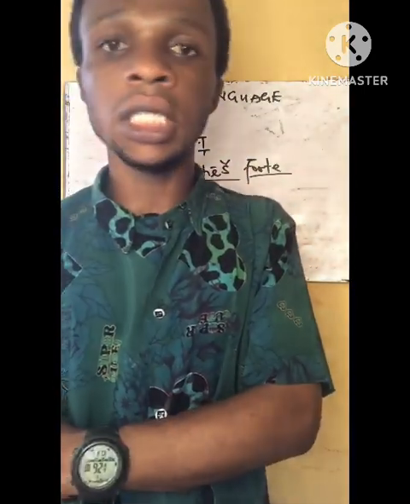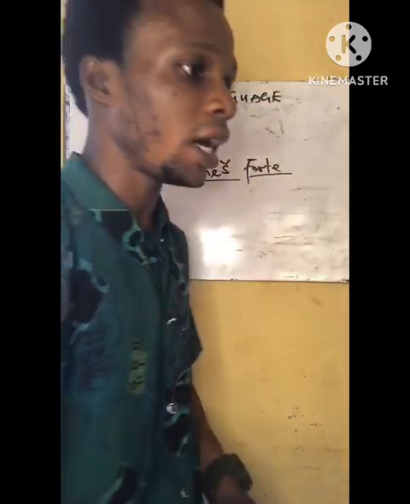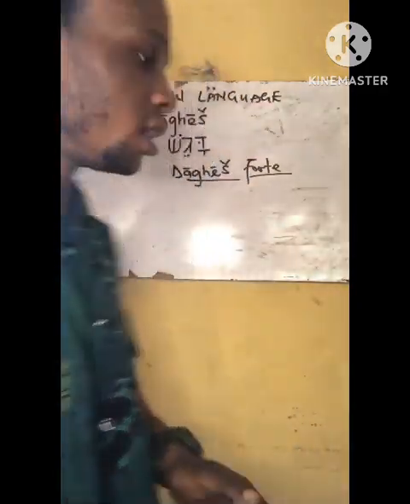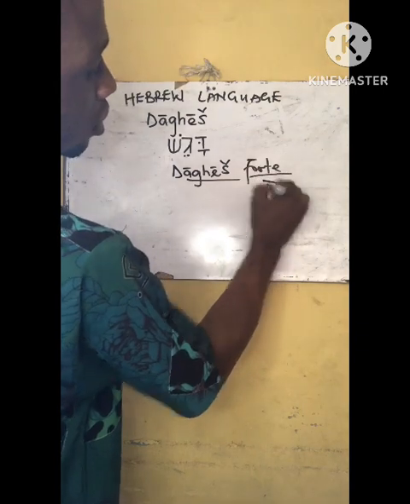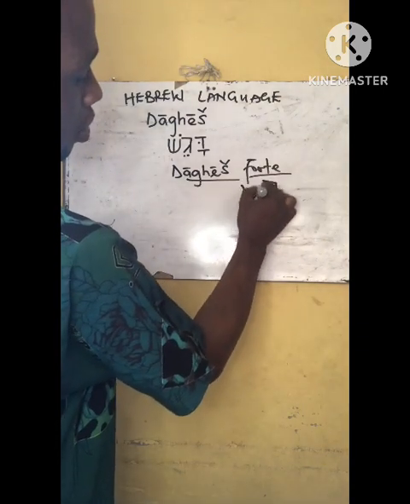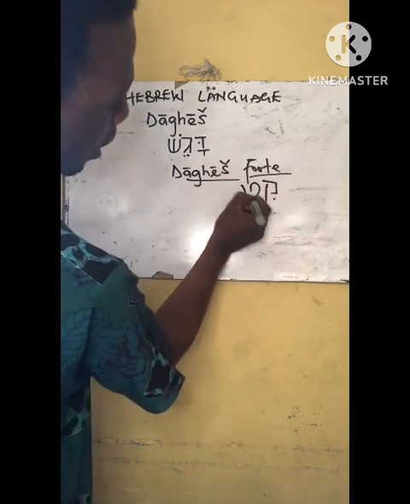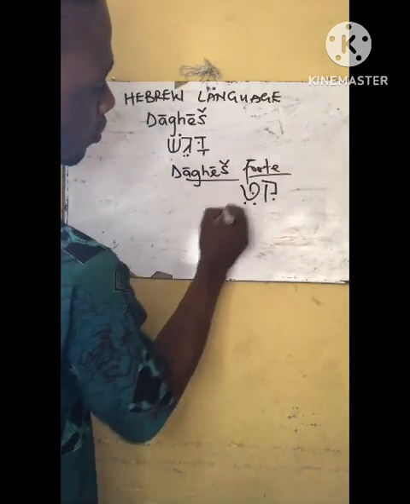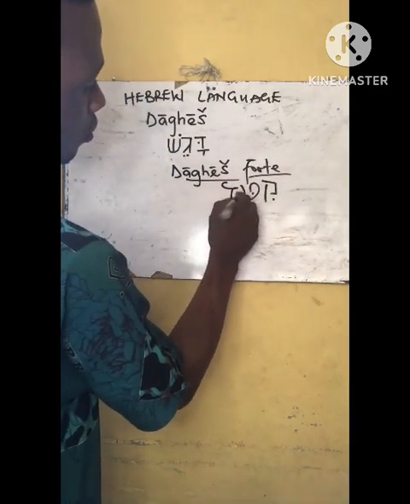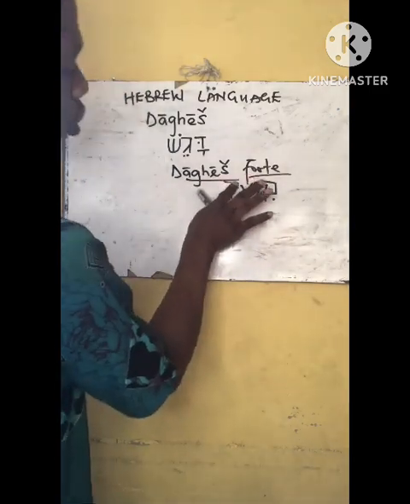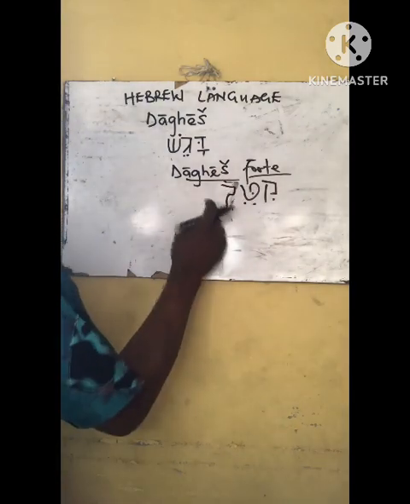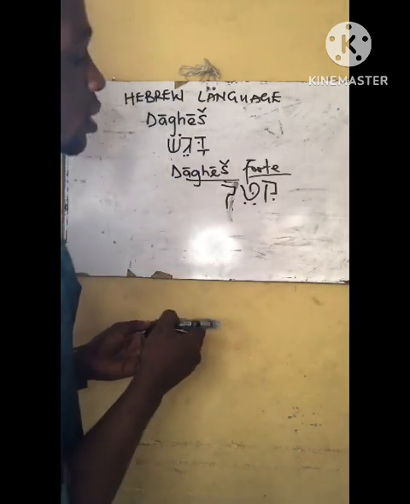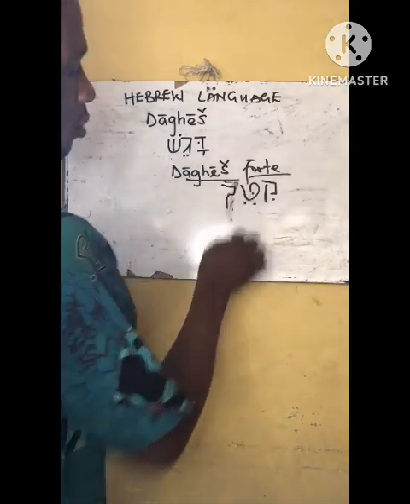Let me give you an example. Like we have kitel. Look at this word kitel. Look at the Dāghēš. Kitel is supposed to be written as, now you look at the letter in the middle of it.